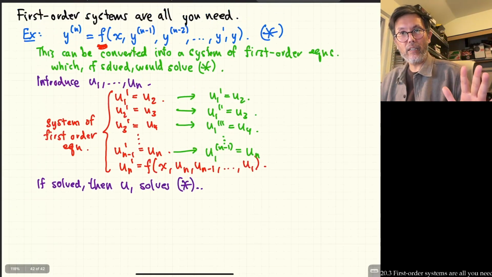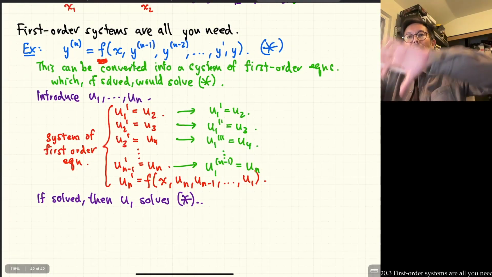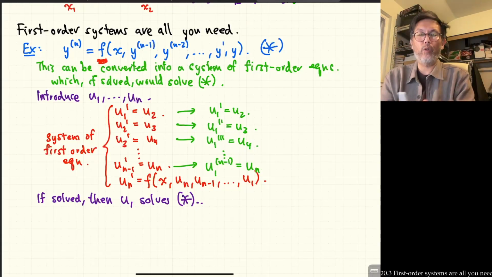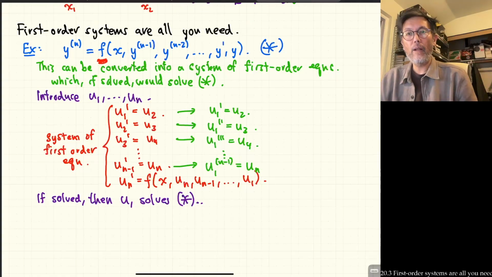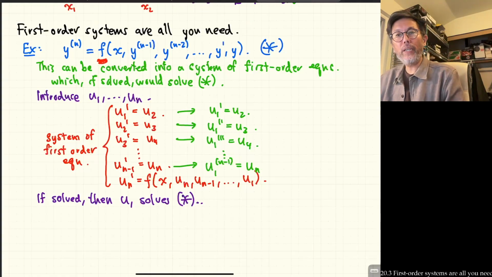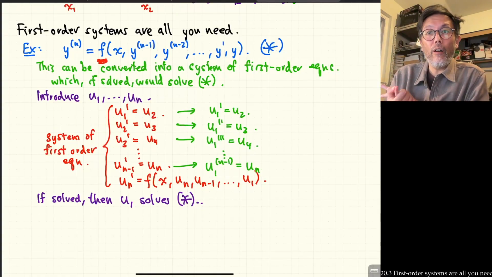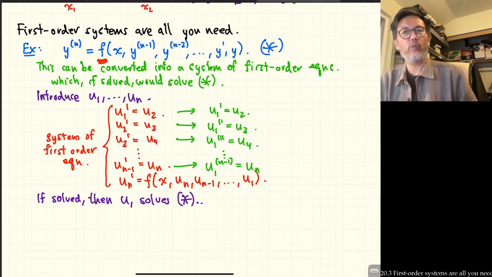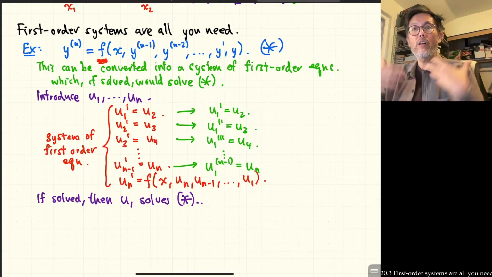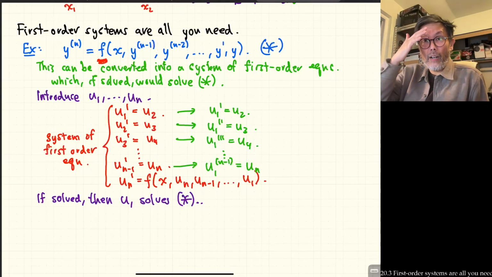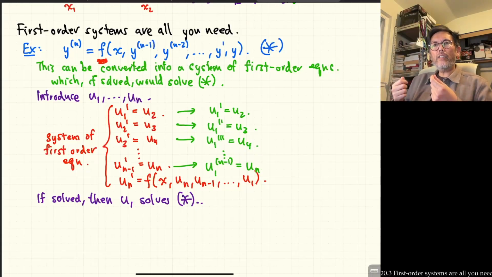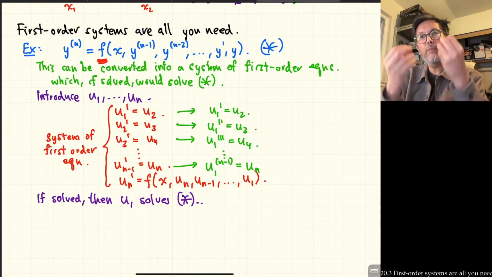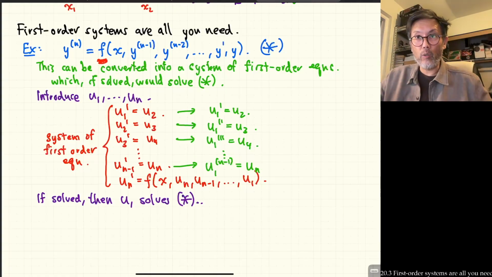Now, with this idea, you can take any higher order differential equation and convert it into a system of first order equations. This is powerful, and the reason why it is useful is that computers love solving first order equations numerically. There are numerical issues that make computers prefer solving first order systems relative to trying to solve a second order equation.